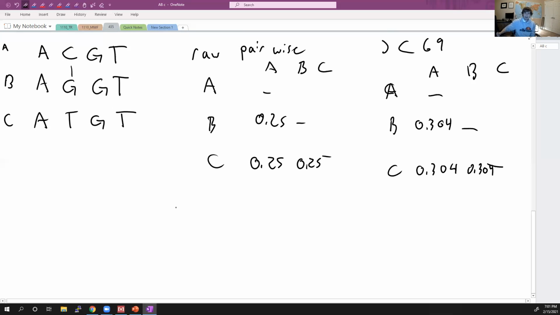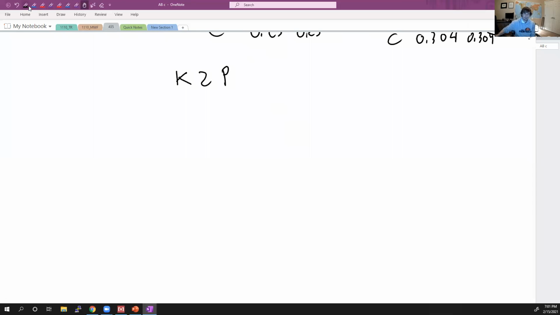And under the K2P model, let's look at the numbers. So A, B, C. Taking into account both a transition and a transversion rate, A to B is going to be 0.317, and also invisible mutations.